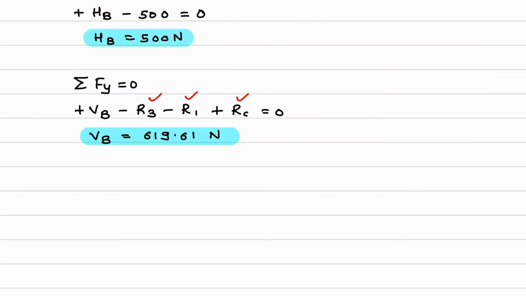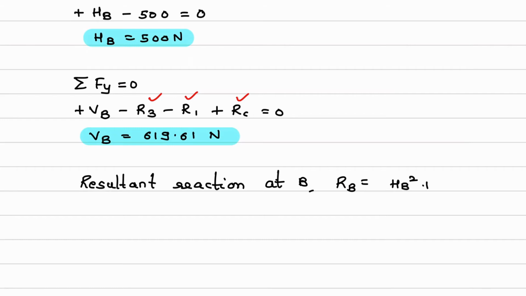So I'll write down the resultant reaction at B. This value will be RB equal to under root of HB square plus VB square. HB value you can substitute and you will get the answer 796.19 Newton.